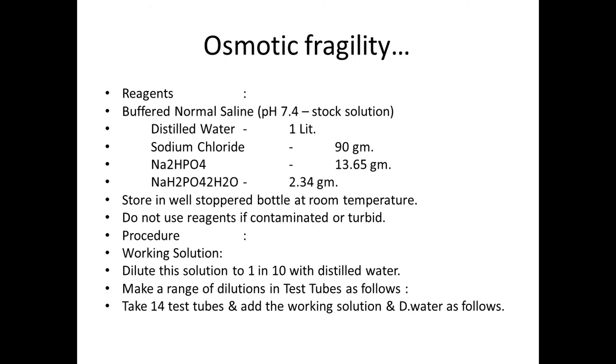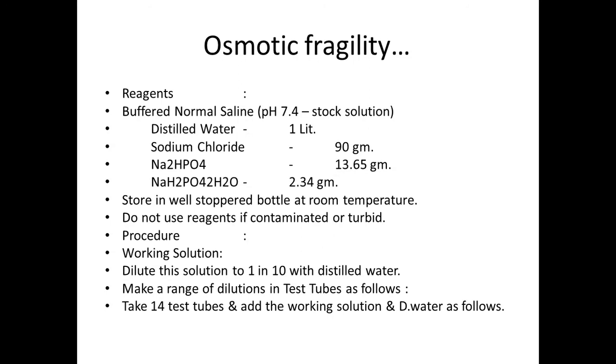The first is a stock solution of pH 7.4. To 1 liter of distilled water, we add 90 grams of sodium chloride, 13.65 grams of disodium hydrogen phosphate, and 2.34 grams of sodium dihydrogen phosphate.